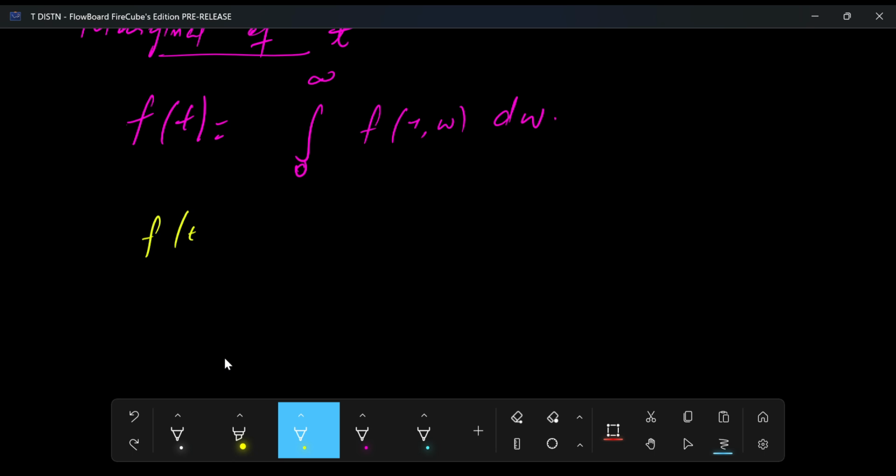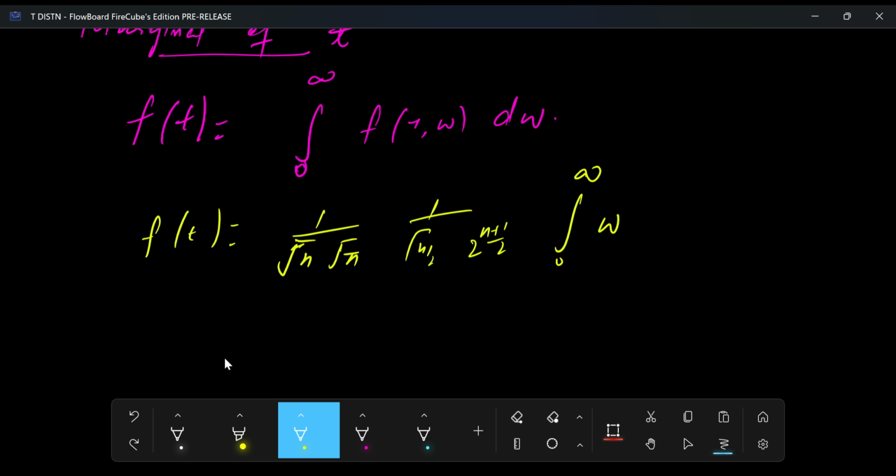So f of t will be 1 upon under root n under root pi, 1 upon gamma n by 2, 2 raised power n plus 1 divided by 2, integral 0 to infinity w raised power n plus 1 divided by 2 minus 1, e raised power minus 1 by 2 t square divided by n plus 1 into w dw.